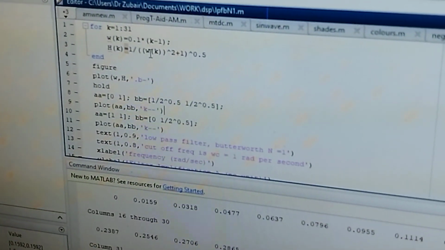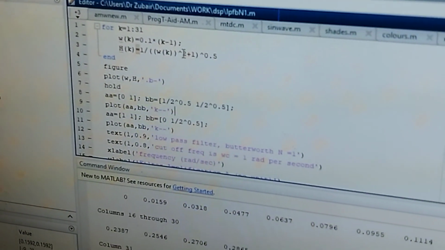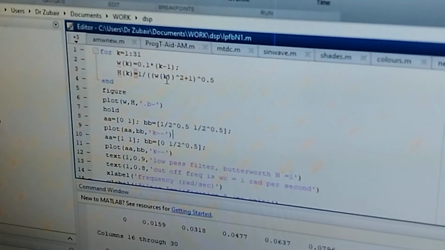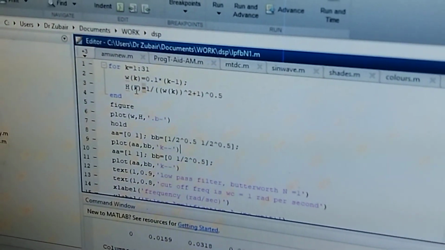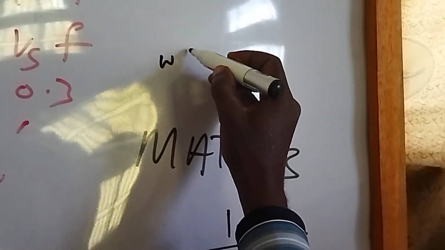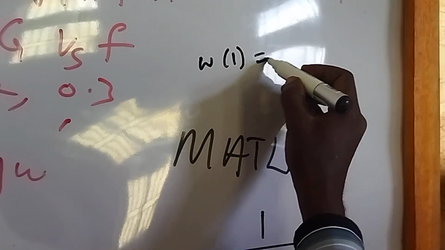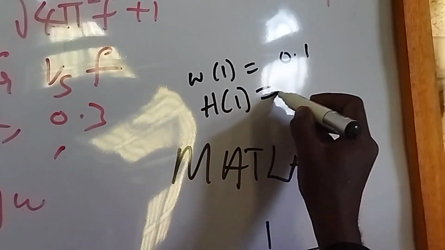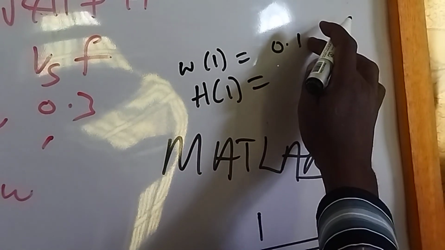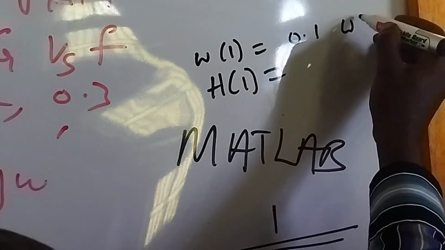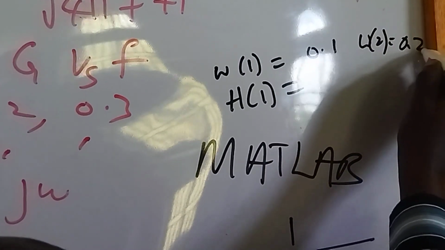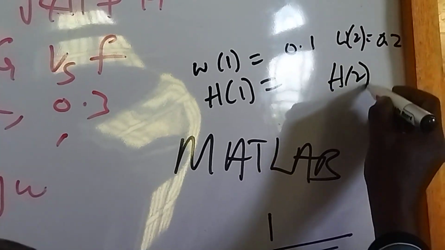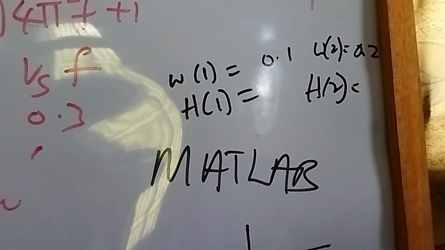You can see that I wrote omega and I square it. Don't worry about this k. What k means is that I work for omega 1. When omega is 0.1, I will get h of 1. That is h when omega is this. If omega 2 is 0.2, I will get h of 2, which is that.